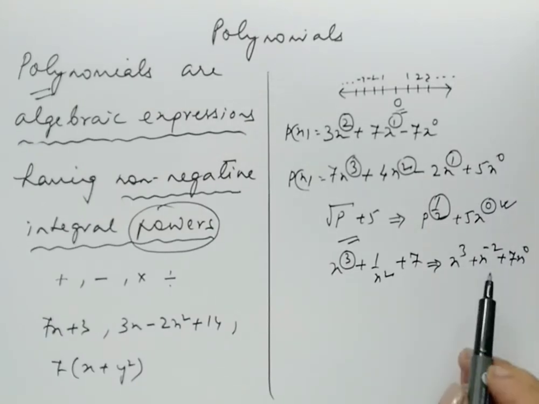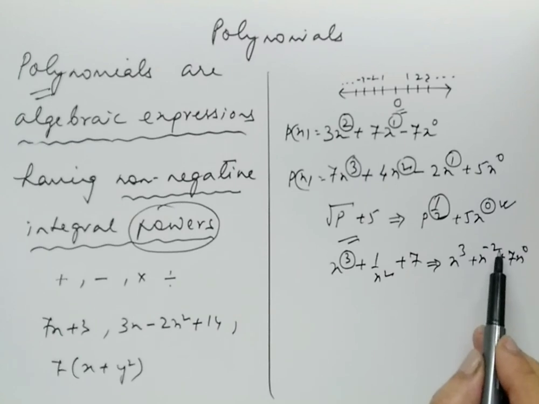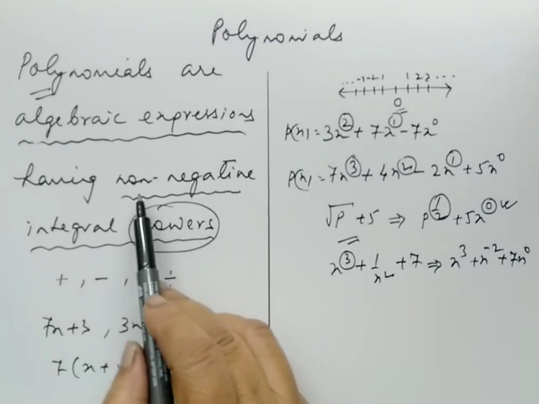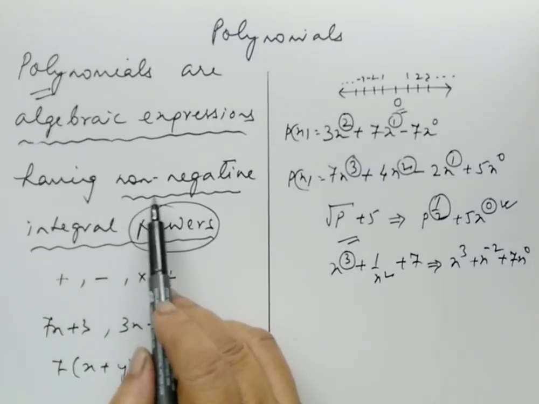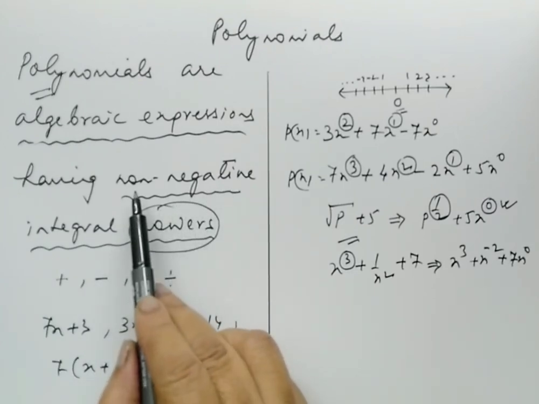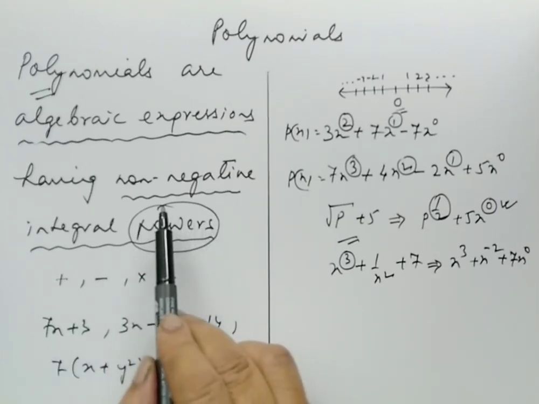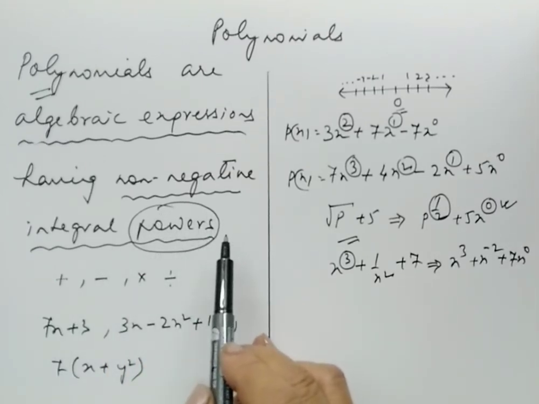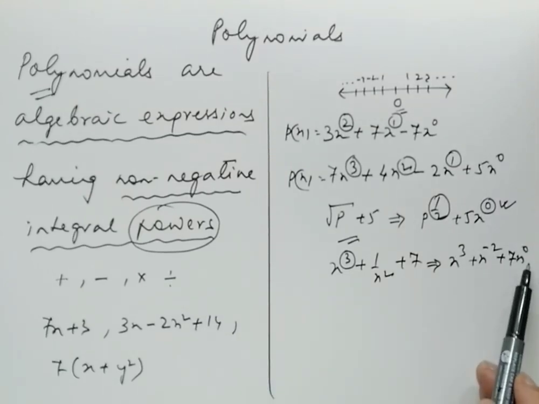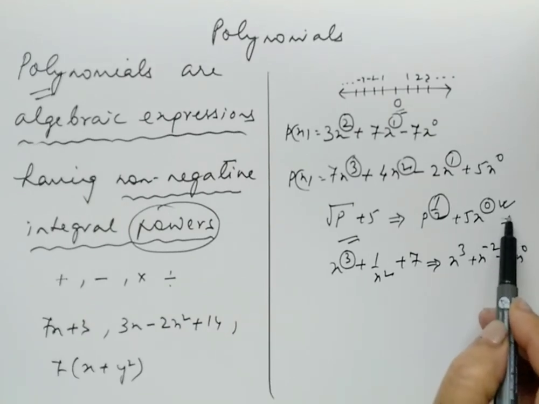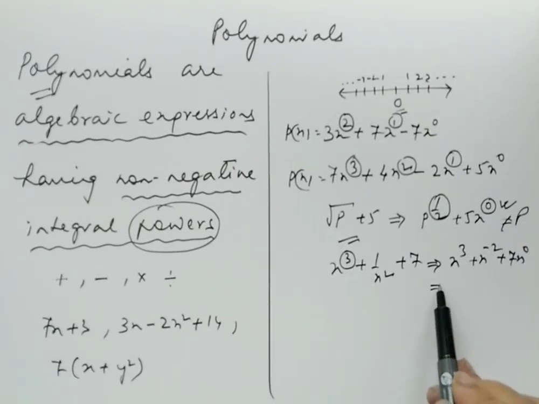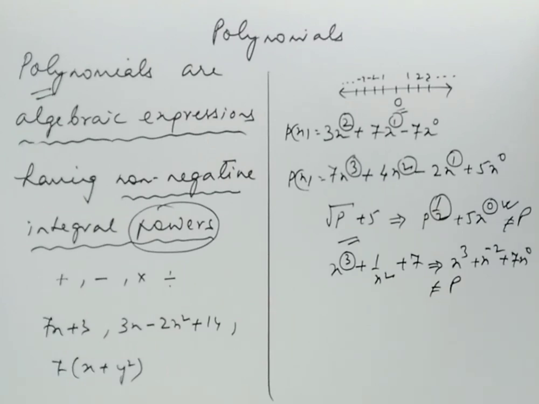Can we accept this? This is a negative integral power and we do not want any negative integral power. We want non-negative integers in the power. So this is not a polynomial, and neither is the previous one.